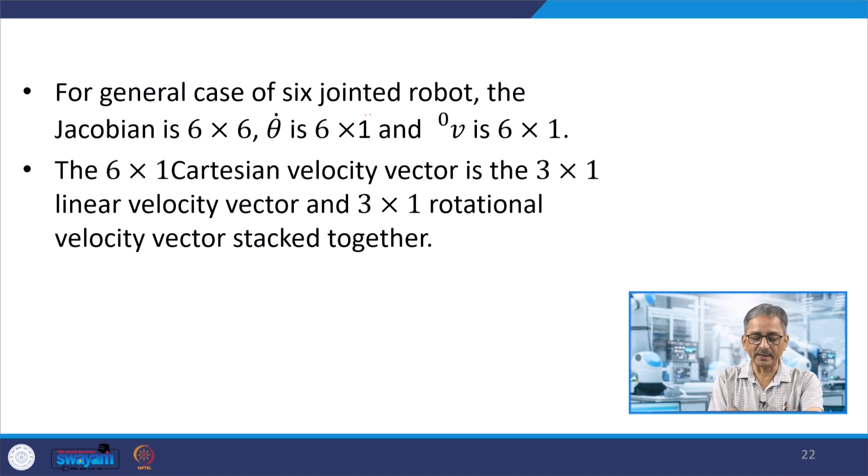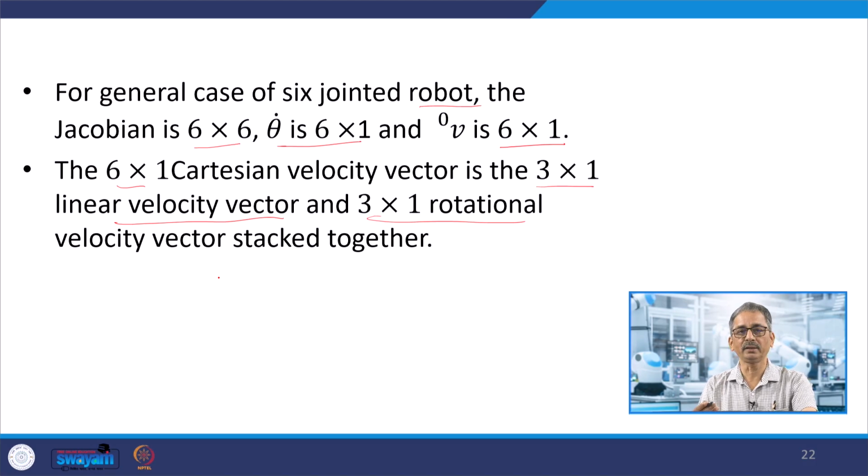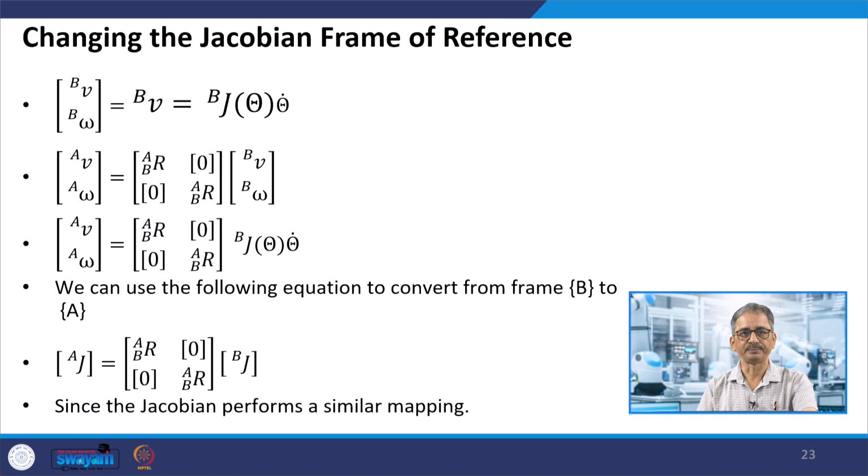For a general 6 joint robot, the Jacobian is 6 cross 6, theta dot is going to be 6 cross 1, and the Cartesian velocity vector expressed in terms of the 0th frame is also 6 cross 1. The 6 cross 1 Cartesian velocity vector is actually the 3 cross 1 linear velocity vector and the 3 cross 1 rotational velocity vector of the end effector, stacked together.